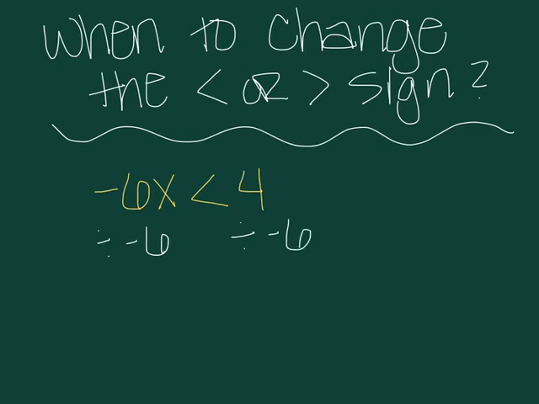Since I am dividing by a negative, it flips my sign. So this would change from a less than to a greater than. -6 divided by itself is 1, leaving us 1x. 4 divided by a -6 would be -4/6, which reduces down to -2/3.